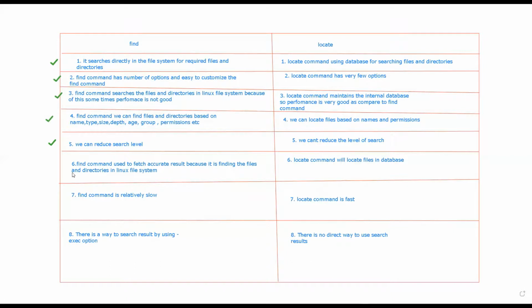So instead of that, you should use the find command, which finds the files and directories based on the options you provide, right? This is relatively slow, as we know the reason why it is slow now, right? And if you want to directly use the result, you can use the -exec option in order to use the result directly, right? So this concludes the difference between the find and locate commands.